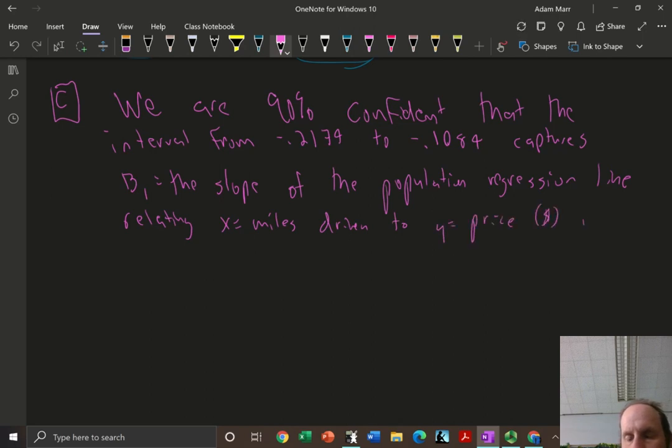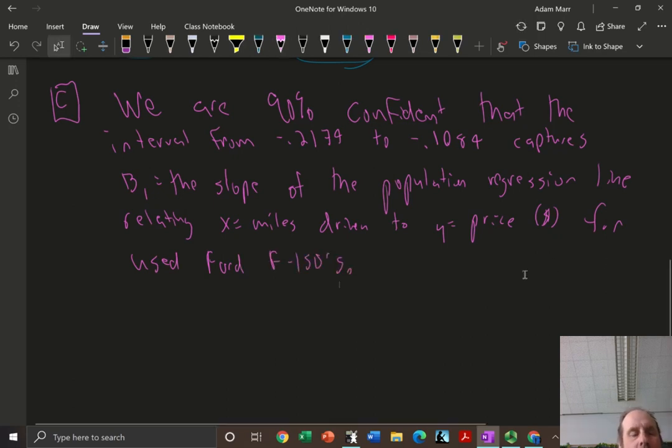The price of a used Ford F-150. We're talking about used Ford F-150s. There we go. Okay, good enough right there.